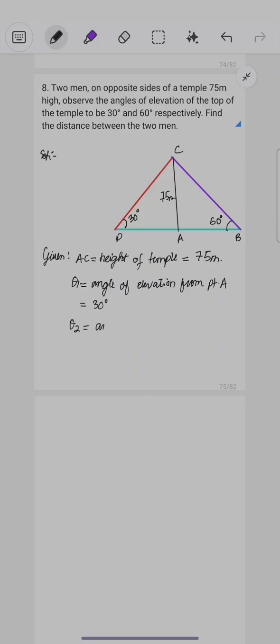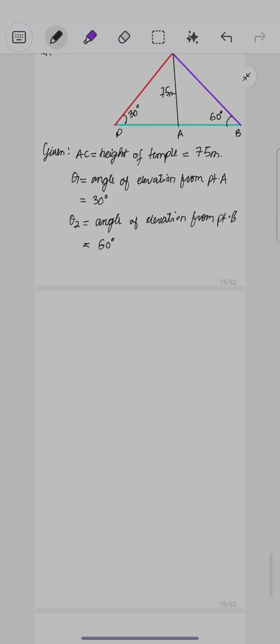Theta 2 is the angle of elevation from point B, which is 60 degree. To find BD equal to question mark.